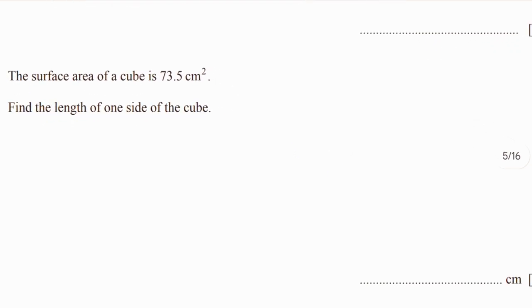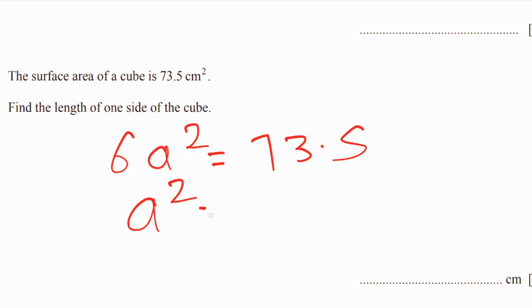The surface area of a cube is given as 73.5. Find the height and one side of the cube. So surface area is 6a squared, equal to the given 73.5. So a squared is 73.5 divided by 6.